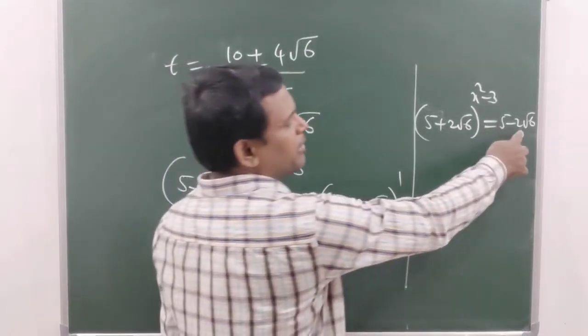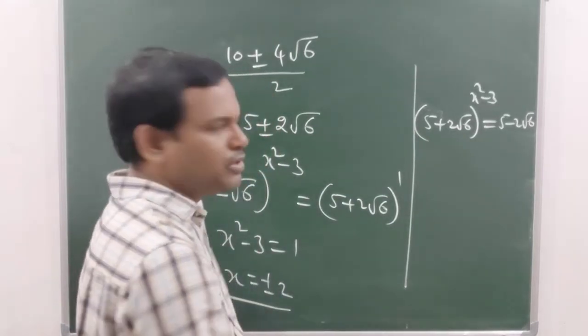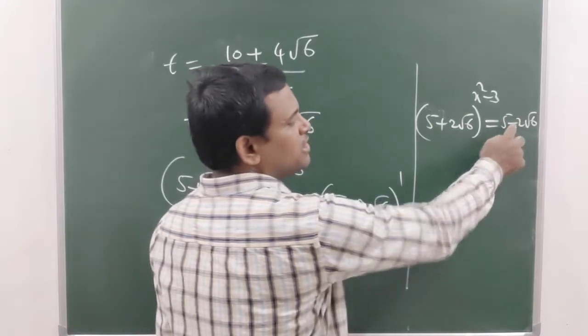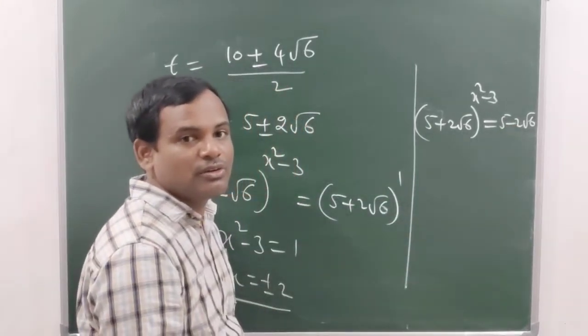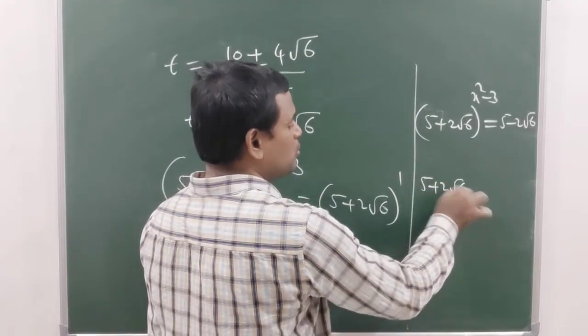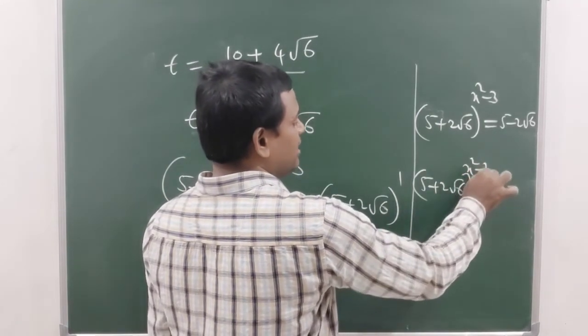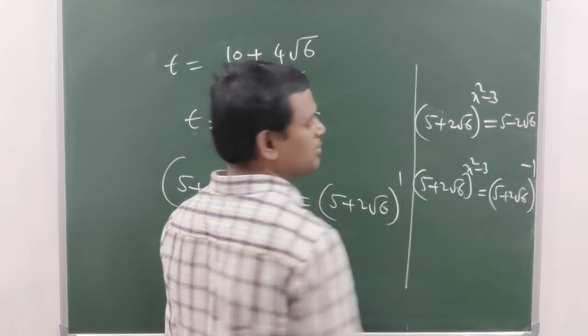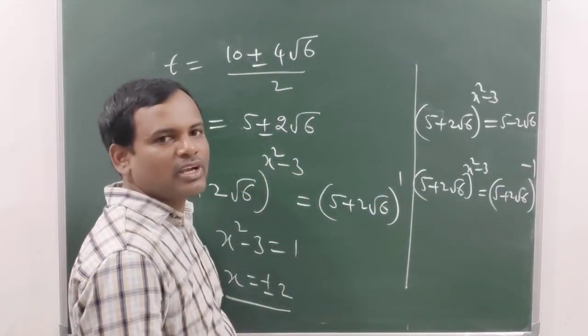And here 5 − 2√6. So in the beginning of this problem solution, this 5 − 2√6, if you rationalize the numerator, what do we get? (5 + 2√6)^(x² − 3) is equal to (5 + 2√6)^(−1) you got. Okay?